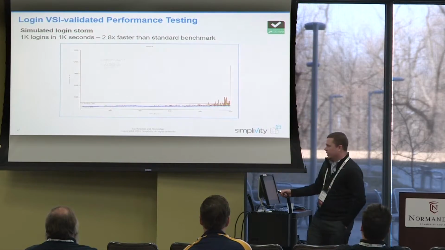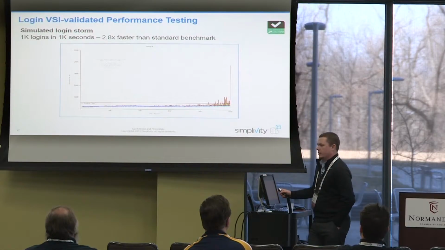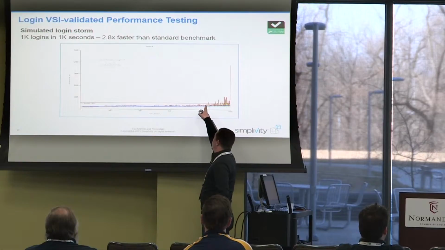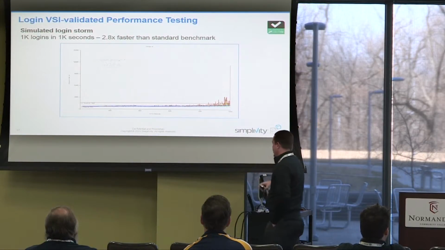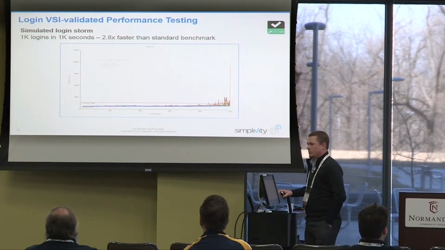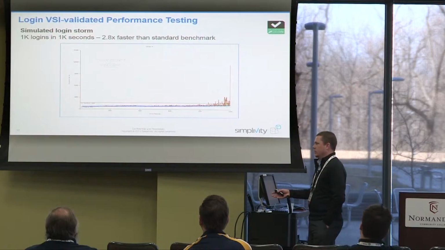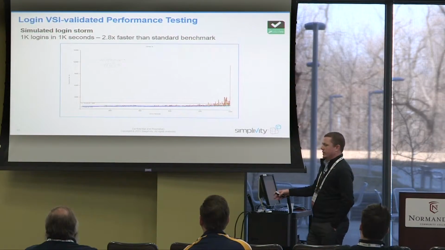So this is Login VSI. If you're not familiar, it's a performance testing tool for VDI. The blue line is the average response time, and the red line up there, the one that goes all the way across, is the point at which performance becomes bad. We did a test where we had 1,000 linked clones.